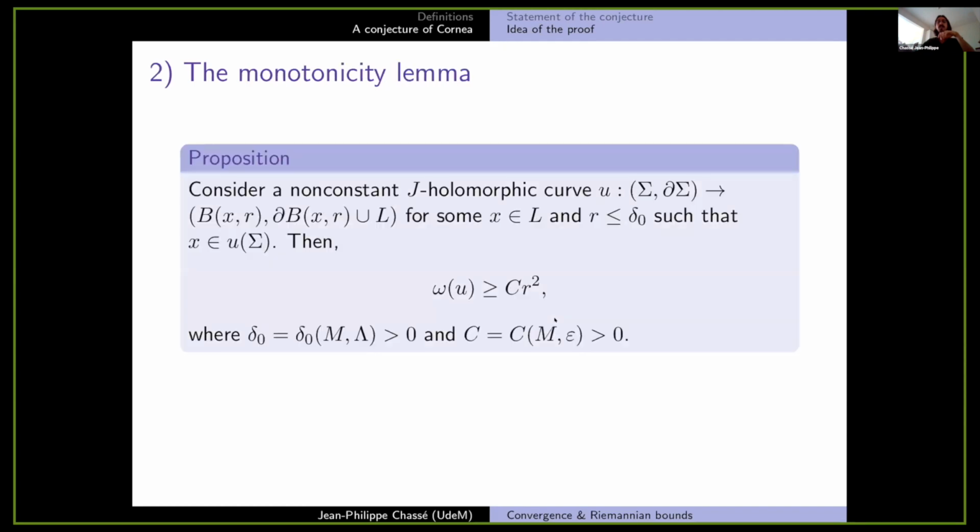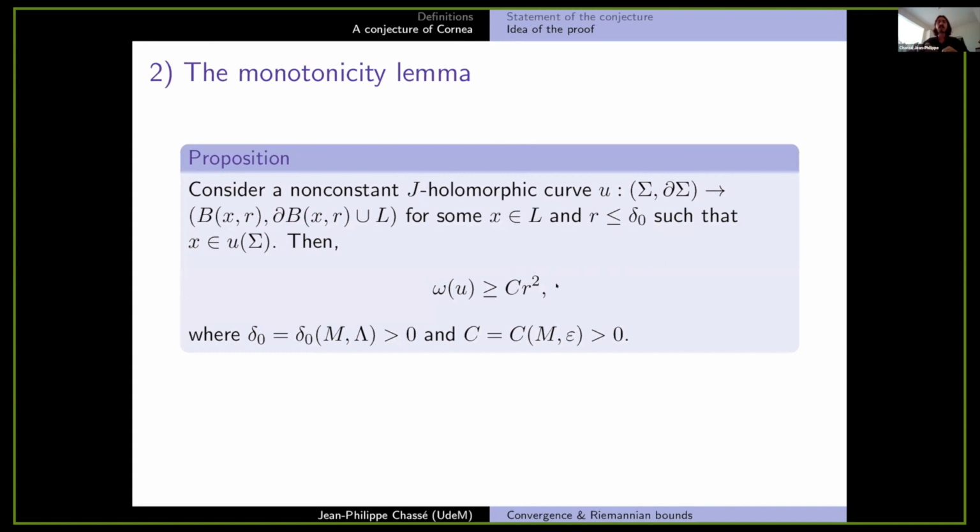And the key for that is a version of the monotonicity lemma. Essentially, the monotonicity lemma tells you that if you have a ball which meets a J-holomorphic curve in the right way, then the area of the J-holomorphic curve has to be big enough.